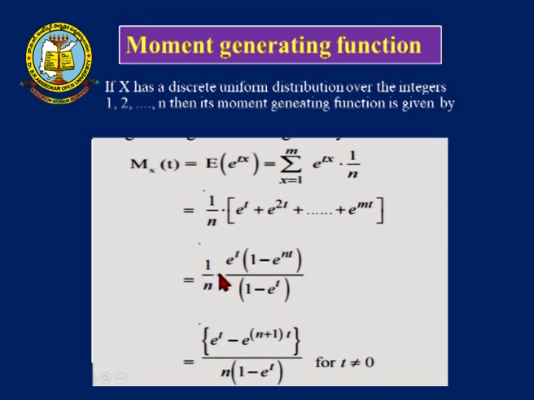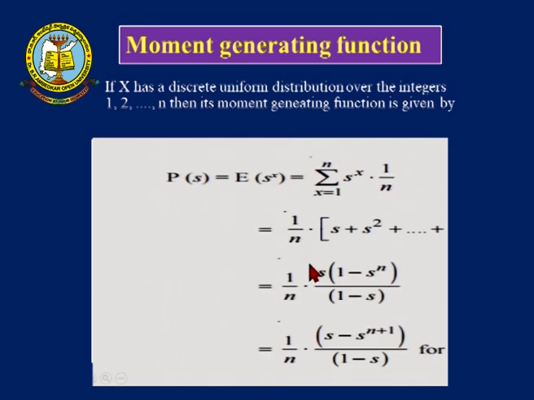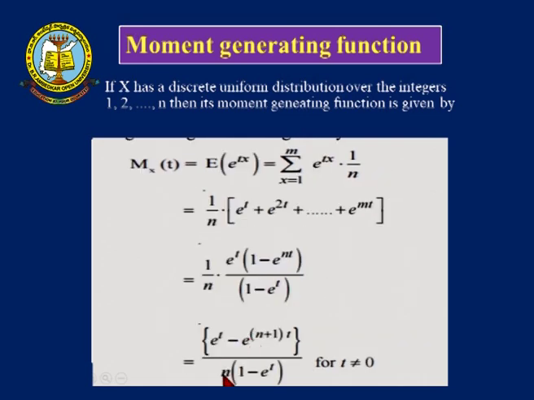So, 1/n times e^t is taken outside. When this is simplified, we get (1 - e^(nt)) divided by (1 - e^t). After simplification we can also write it in terms of e^t: e^t goes inside, and we write (e^t - e^t times e^(nt)). Since the bases are equal, the powers should be added.